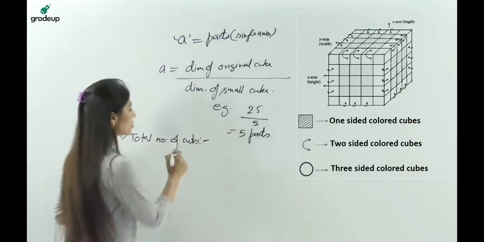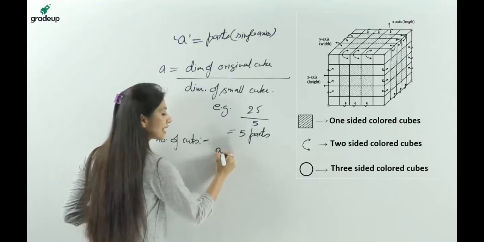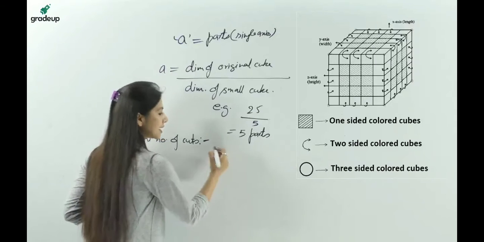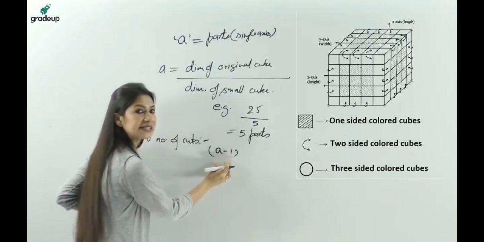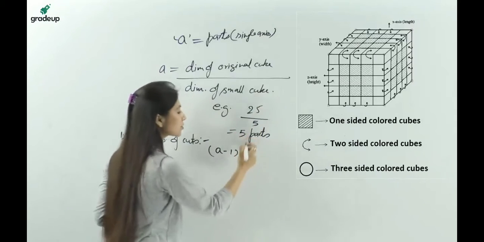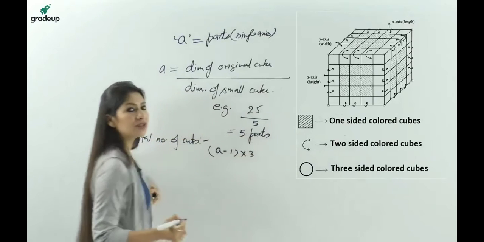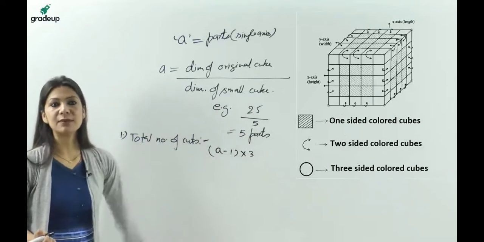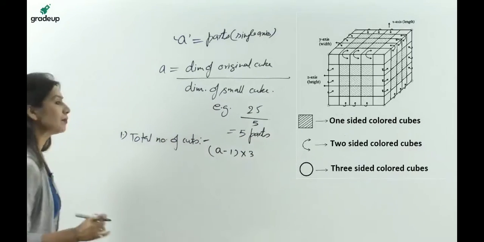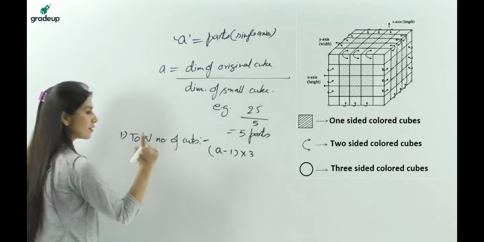If total A parts are there, the cuts will be 1 less than that for a single axis, because this cube is a 3-dimension figure. So you will write the formula like (A minus 1) multiplied by 3. This is the number of cuts, the first formula.